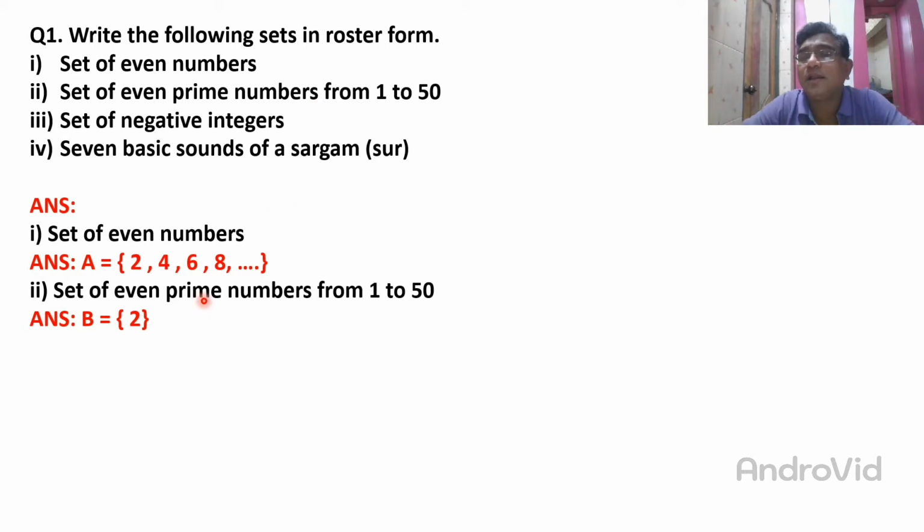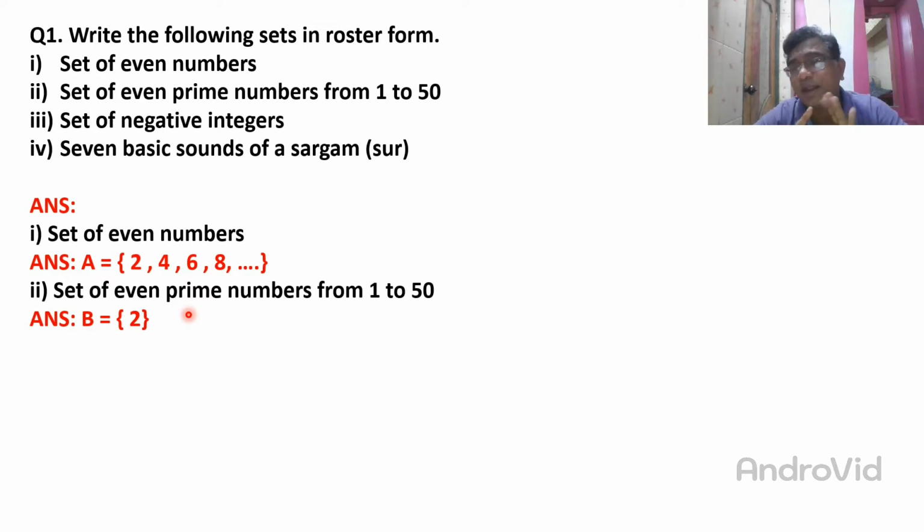Prime means a number which is divisible by 1 and itself is called a prime number. What do I say, my students? Prime means a number which is divisible by 1 and itself. See, 2 is divisible by 1, and 2 is divisible by 2. 2 ones are 2.